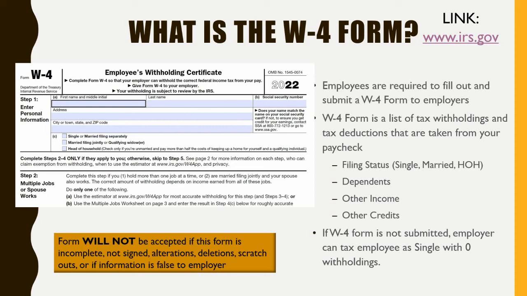But if you don't know what you're doing, the safest bet is just to claim zero on everything, because then you're more likely to get a tax refund. You're paying as much of your paycheck to the government as possible, and then they'll go through your taxes at the end of the year, and you're more likely to get a refund than if you start claiming all these different claims, right?